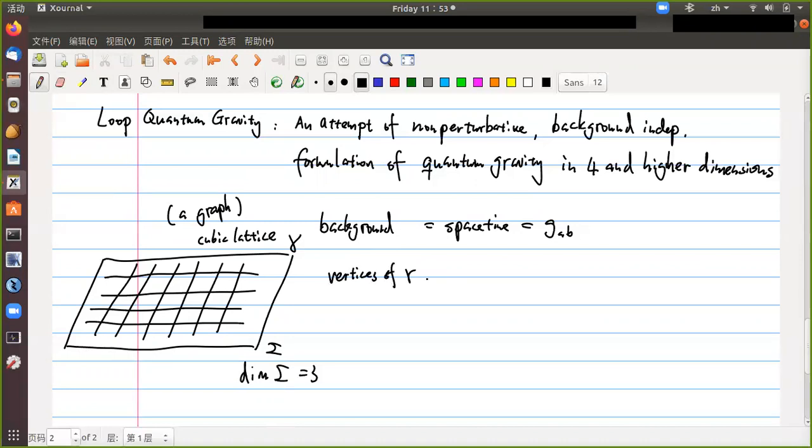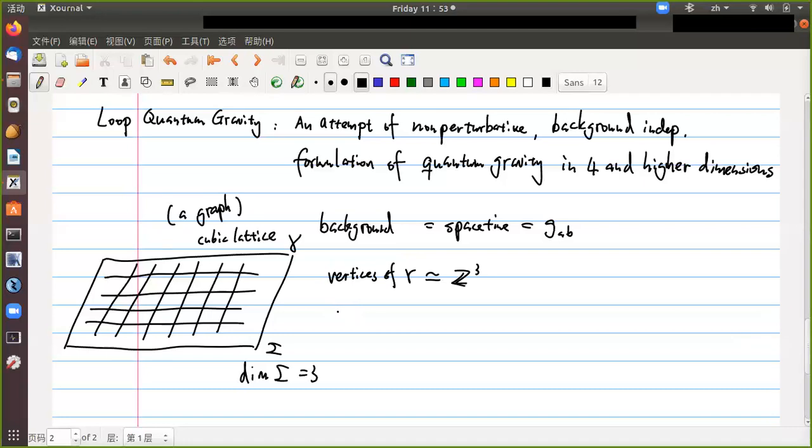Gamma is isomorphic to Z3. Z means all the integers, so Z3 means triples of integers. Then these are all the vertices of this lattice.